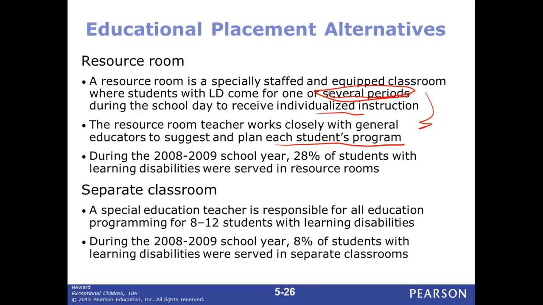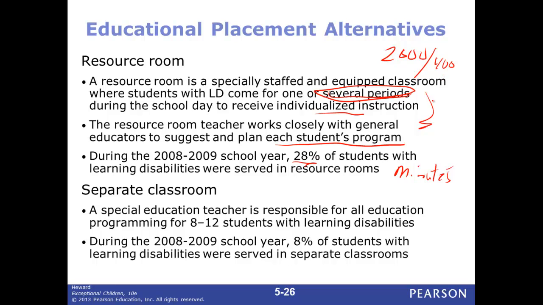In 0809, 28% were served. And again, this is based on minutes. So my suspicion is a much higher number come to the resource room part of the day, but because of the minutes qualifications, because we talked about 2,000 minutes in a week, you'd have to be 400 minutes at least a week away from peers.